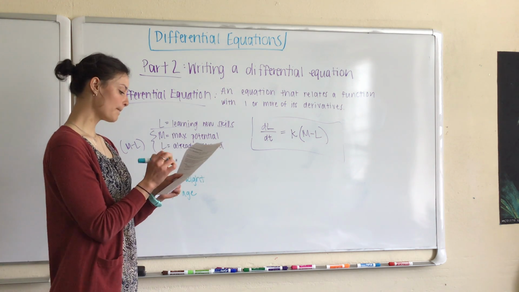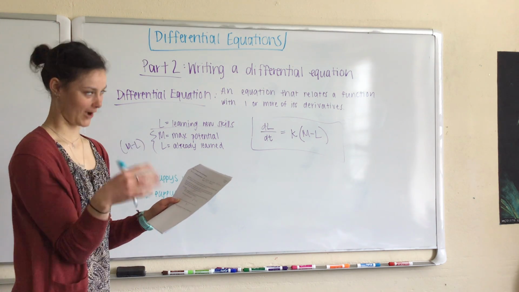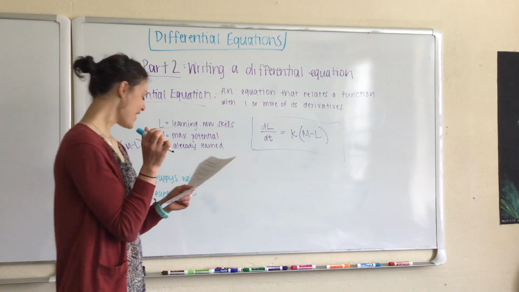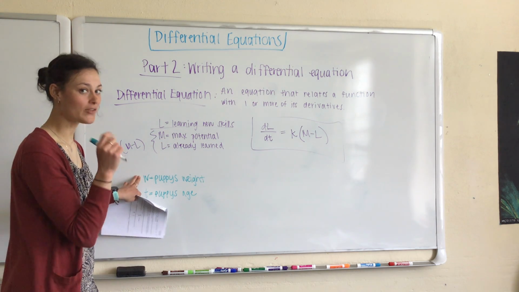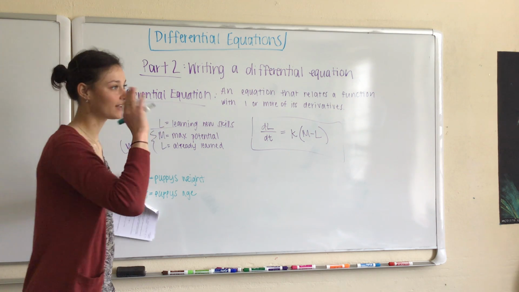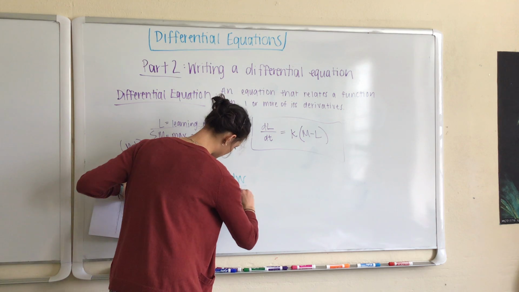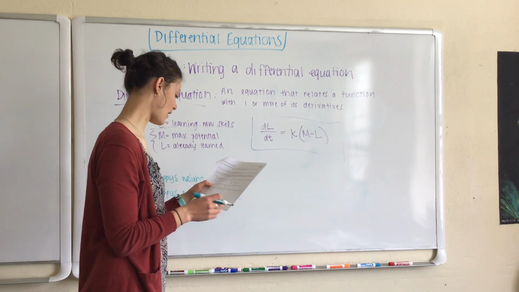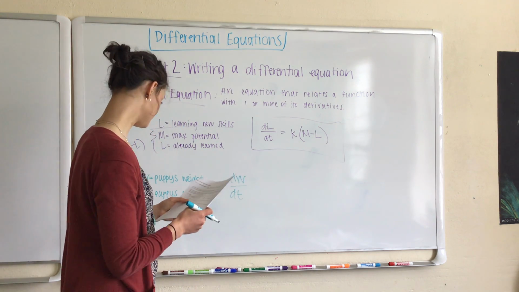So they're saying a puppy gains weight at a rate. So we're looking at the rate of the puppy's weight gain. Rate, derivative with respect to time, dW over dt would be the way that we would describe the rate of the puppy's weight changing over time.